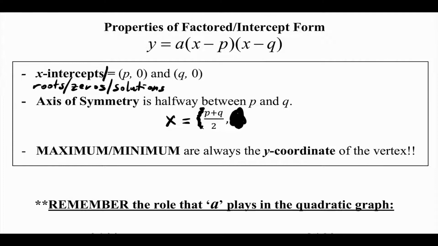Okay? Same thing with axis of symmetry. Cross out some of that stuff here. So this should be like this. Watch, there's a typo. So cross that out, and it should be like this. Axis of symmetry equals P plus Q divided by 2. That's what it should be.